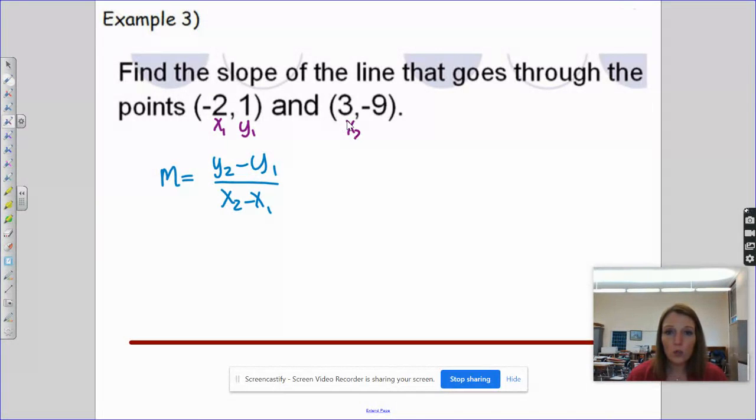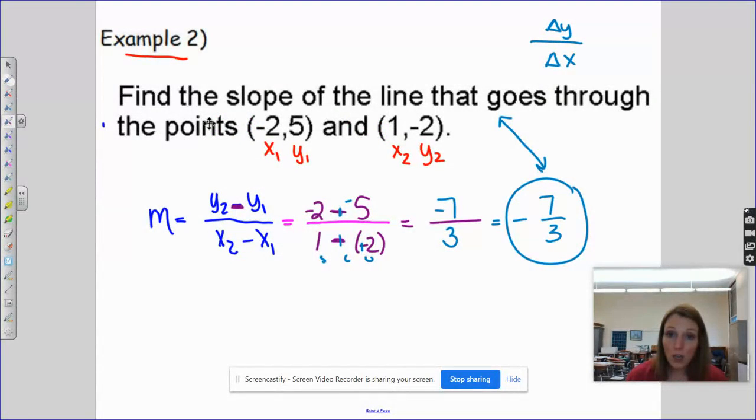This is x2, y2. Now, some people say, well, what if you call this one x1, y1, and this one x2, y2? It wouldn't actually matter. If I had subtracted in the opposite order for this last question, think about what happens if you were to do 5 minus 2, I just made up a problem, that would be 3, but if you were to do 2 minus 5, that would be -3.